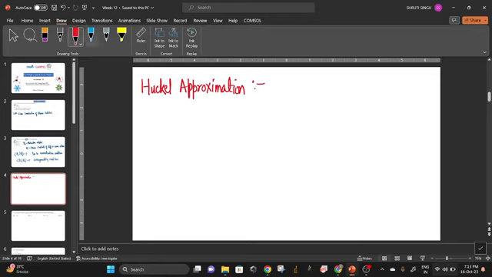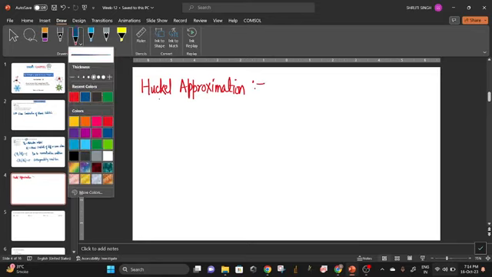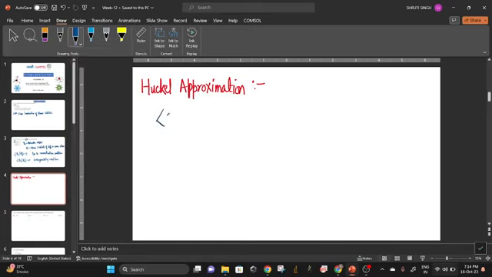When you are using Huckel approximation, this integral of psi 1 with psi 1 is written as HII. It may be psi 2 psi 2, or psi 3 psi 3.